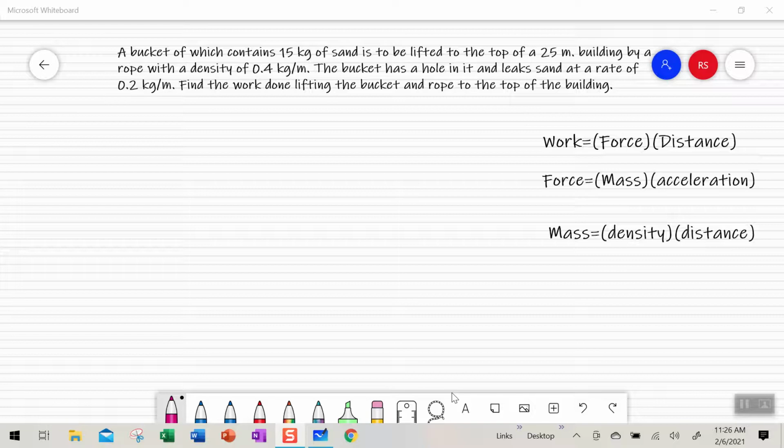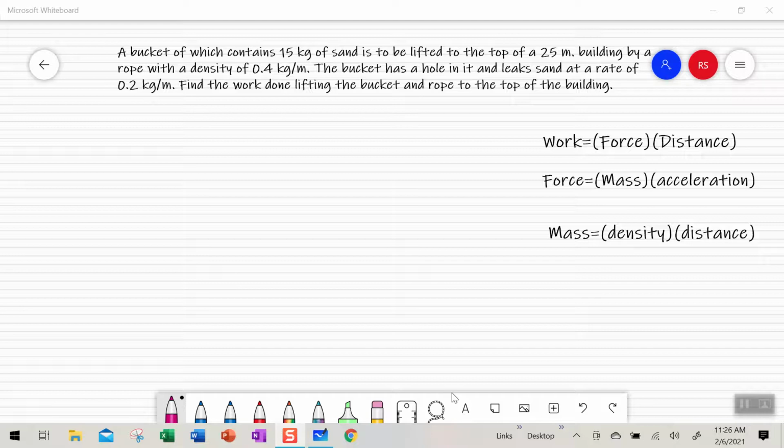Now, this is a nice problem because it brings together a lot of the ideas from physics that we've been talking about in this section 2.5. The first one is work, which we've defined as a force exerted over a distance, and then force itself is mass times acceleration, and that usually means acceleration due to gravity.